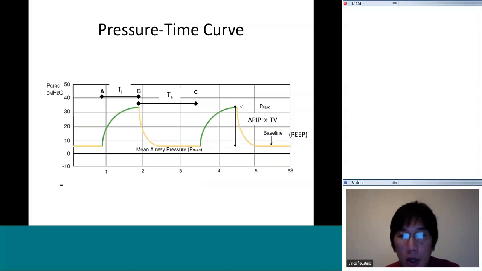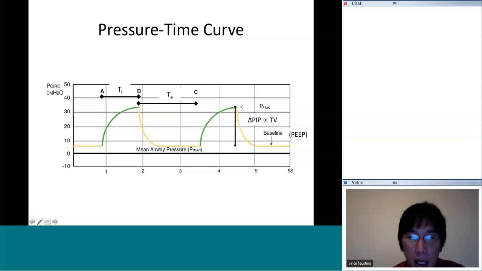Okay, so shown here is a pressure time curve. On the y-axis is the pressure delivered to the patient, and the x-axis is time. Whenever we put someone on the ventilator, more often than not, we put them on some baseline pressure, which we call PEEP, or positive end expiratory pressure.